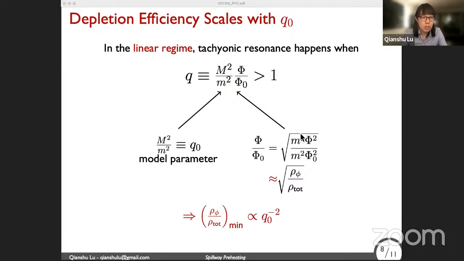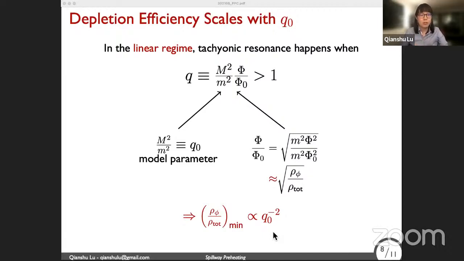Then we can approximate this ratio as the ratio of inflaton energy density to the system total energy density. Under these assumptions, and if we define that spillway preheating ends when this parameter becomes less than 1, the conclusion is that the residual inflaton energy density is going to scale as Q0 to the power of -2.